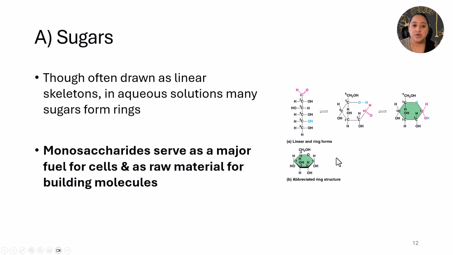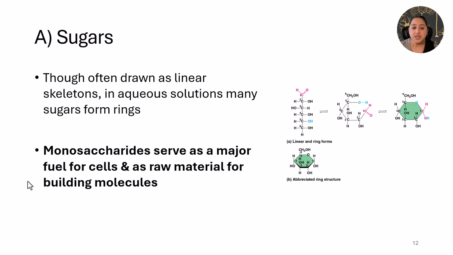And so this second bullet point is in bold for a good reason. This is a big point, a main idea. So monosaccharides, again, simple sugars, serve as a major fuel for cells and as raw material for building molecules. Because remember, we talked about how carbons form the skeleton, or the backbone, of a bunch of things.